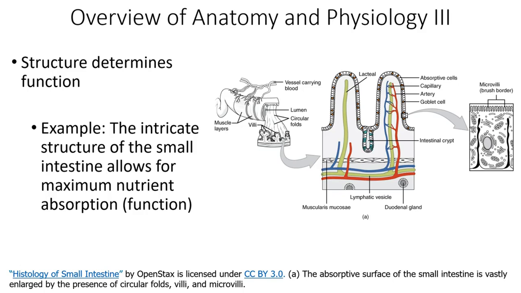And because of the size of our bodies, we just don't have space for any more small intestines than we already have, and so that internal structure of the small intestines helps to increase that surface area so that we can absorb as many nutrients as possible.